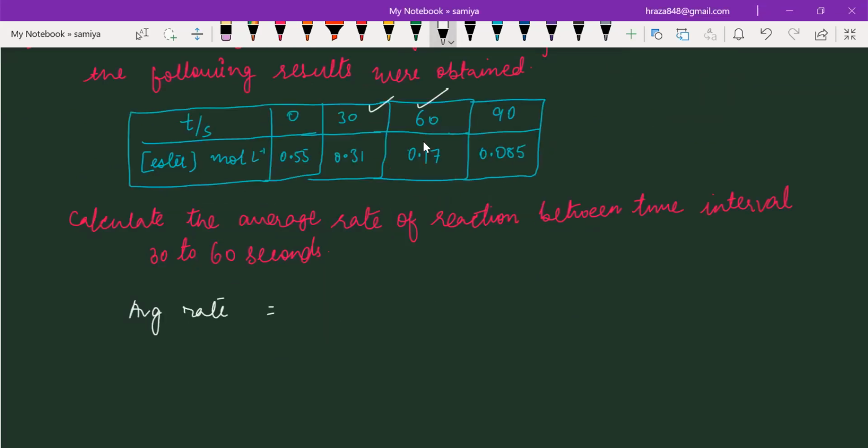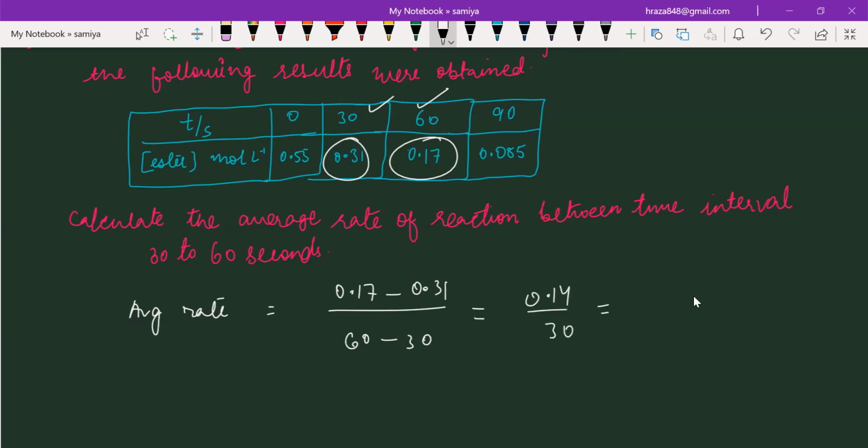So what is the concentration here? It is 0.17. At 30 seconds, it is 0.31, divided by the final time minus initial time. So it will be equal to 0.14 upon 30, which will be equal to 4.67 times 10 raised to the power minus 3 mole per liter per second.